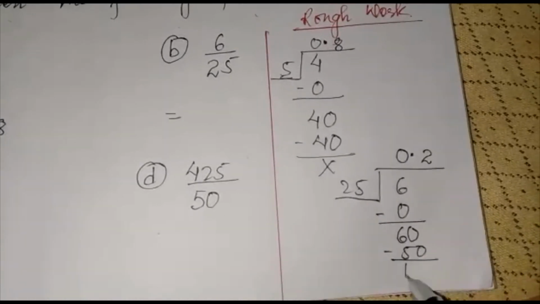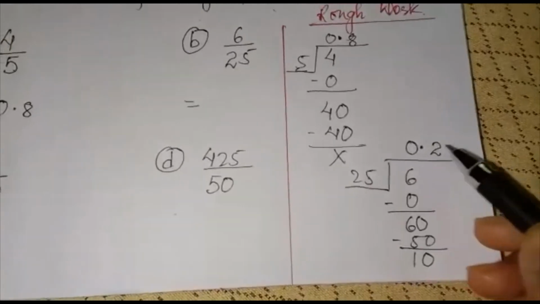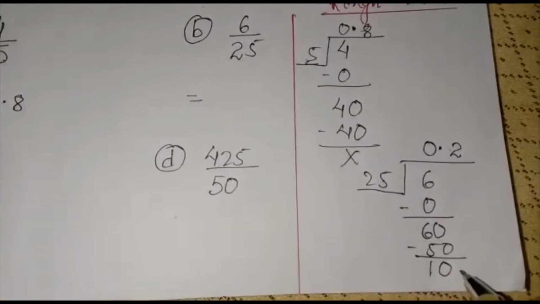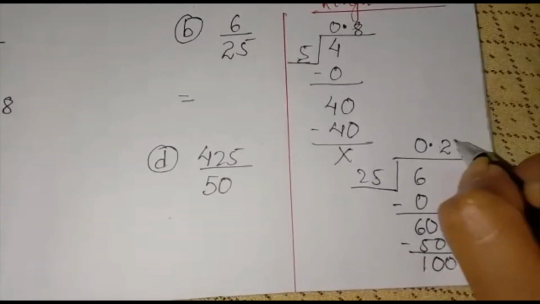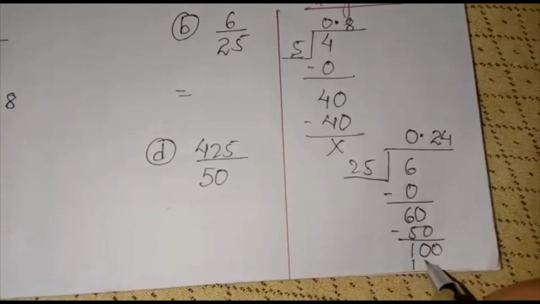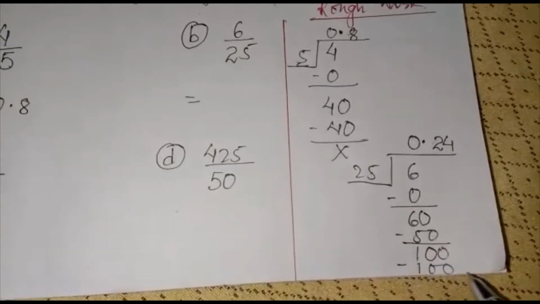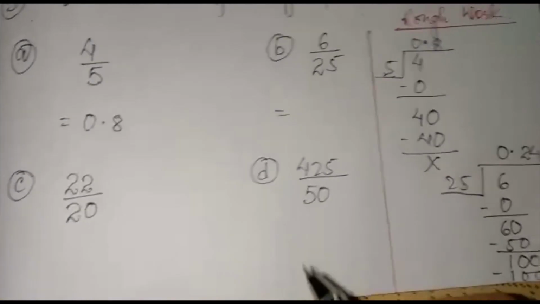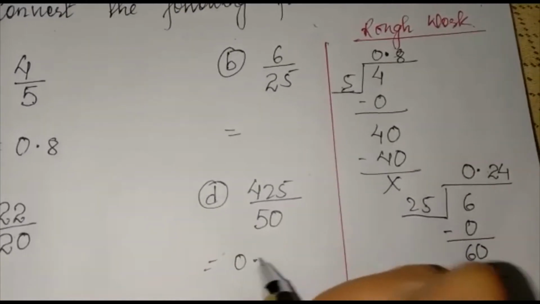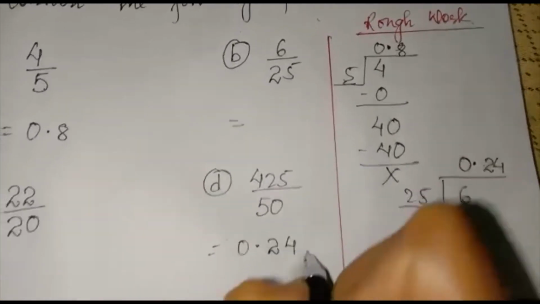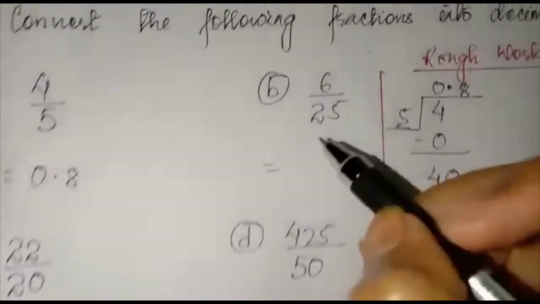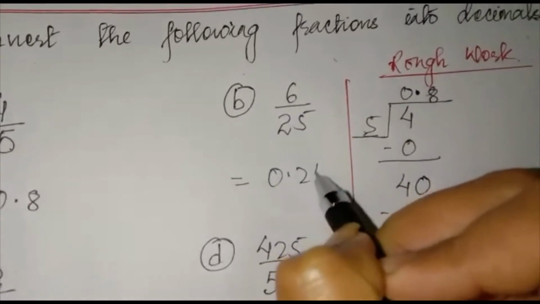Here the remainder will be 10. Because of the decimal, in every step you can add a 0. 10 we can add. Now 25 4s are 100. So your answer is 0.24.